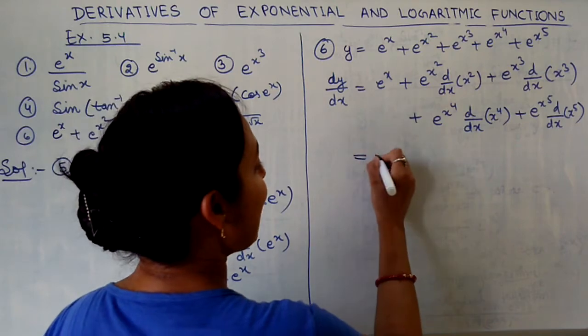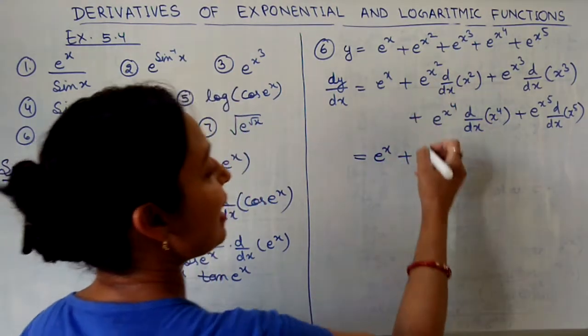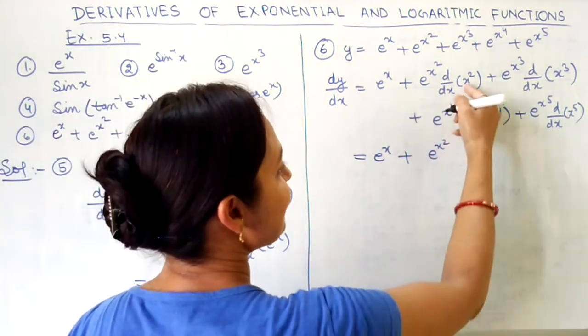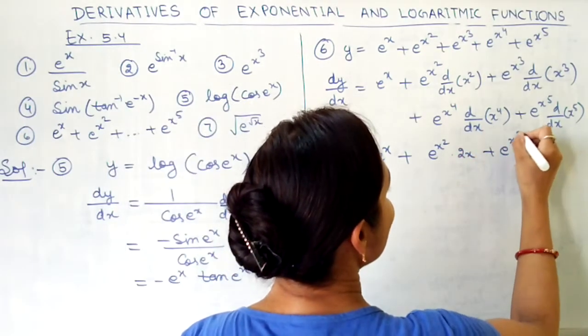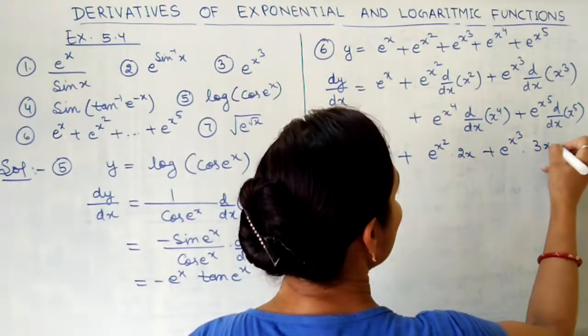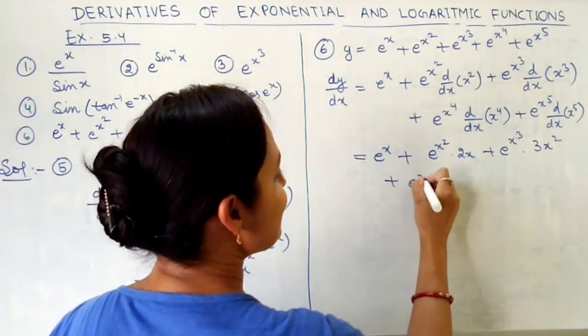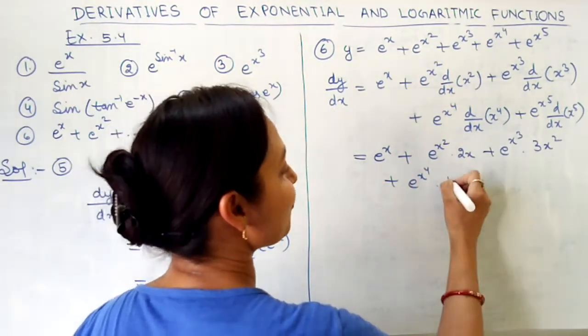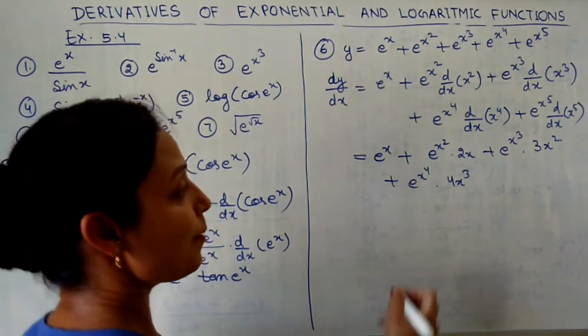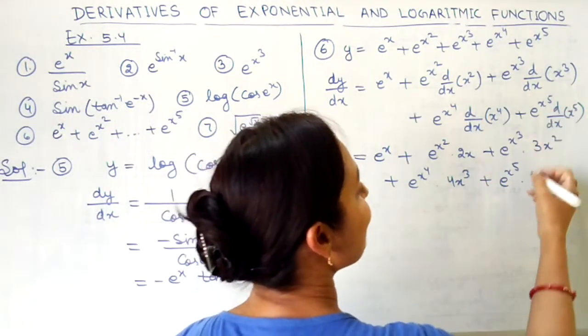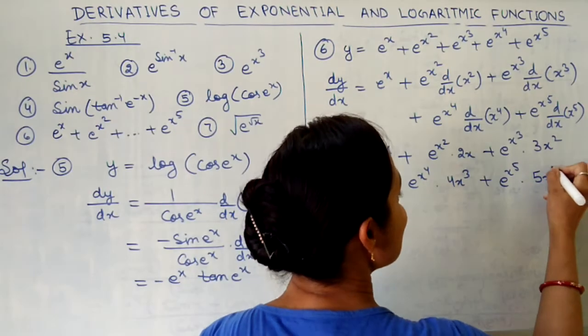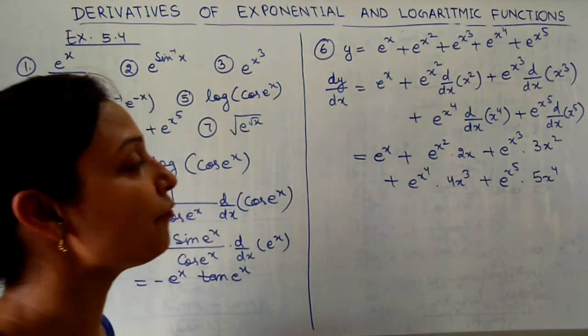So that means e^x plus e^(x²), whose derivative value is 2x. e^(x³), its value is 3x². e^(x⁴), its value is 4x³, right? Plus e^(x⁵), and what is the value of this? This is 5x⁴. So this is the way to solve.